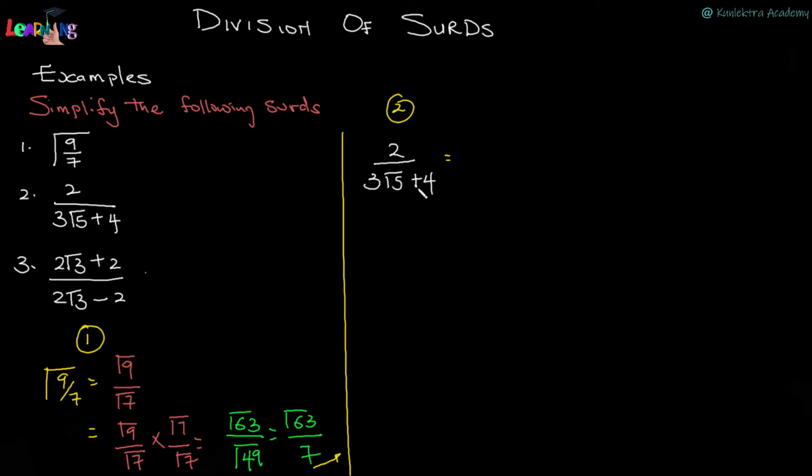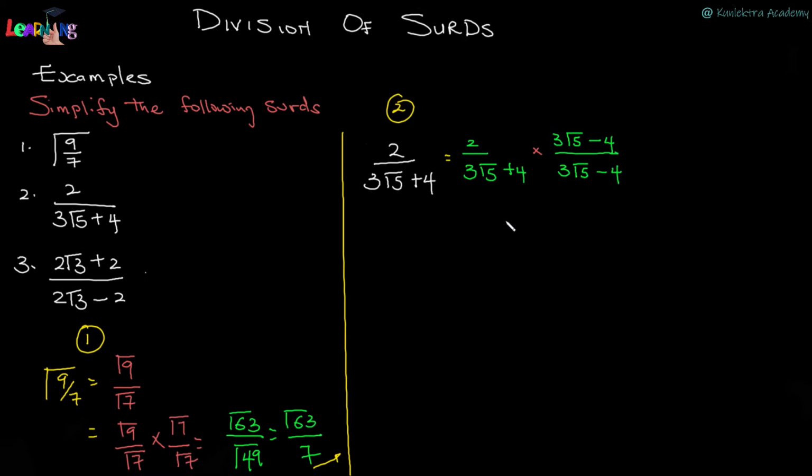You rationalize it by its conjugate. What is the conjugate of 3 root 5 plus 4? The conjugate of 3 root 5 plus 4 is 3 root 5 minus 4. Now, you have your 2 over 3 root 5 plus 4, times, multiply the numerator and the denominator by its conjugate, 3 root 5 minus 4 over 3 root 5 minus 4.